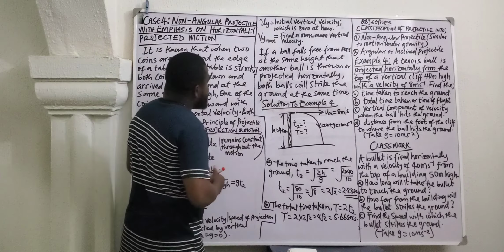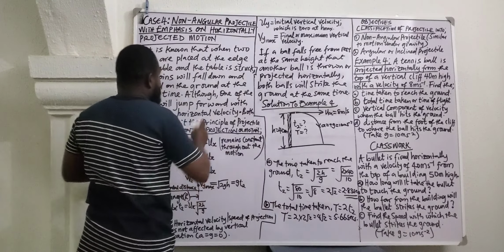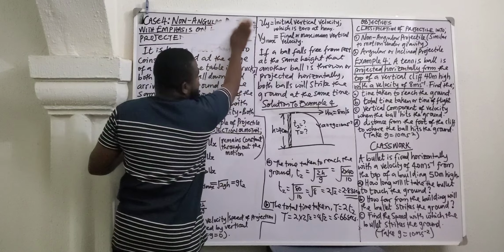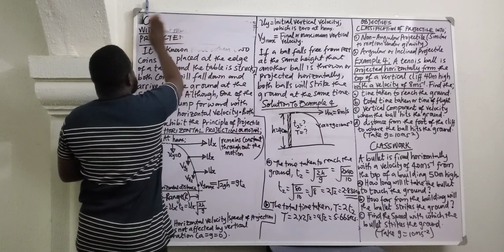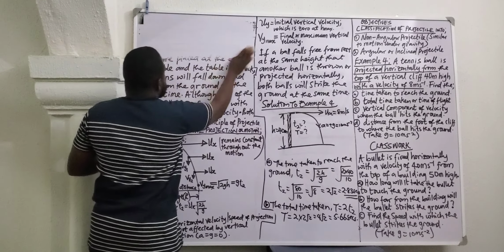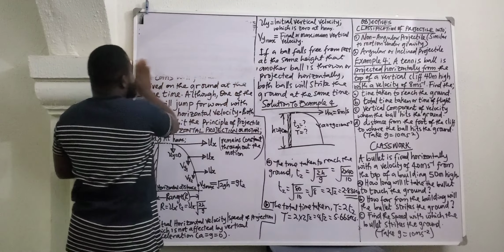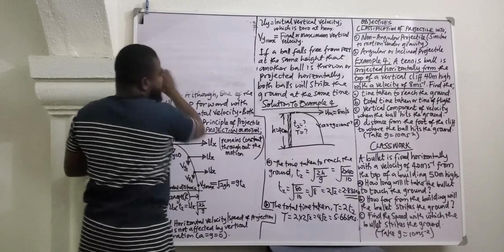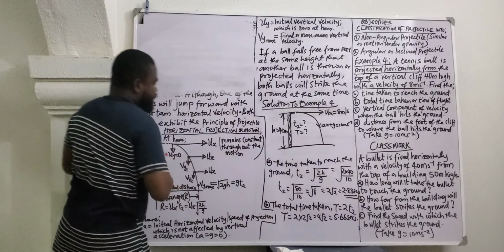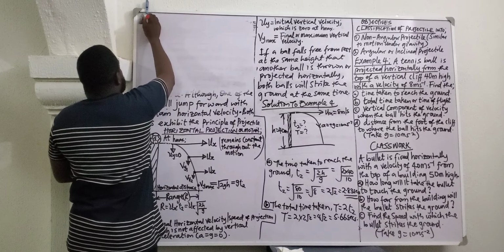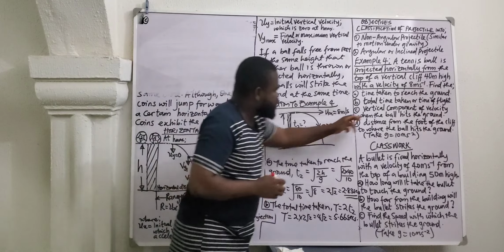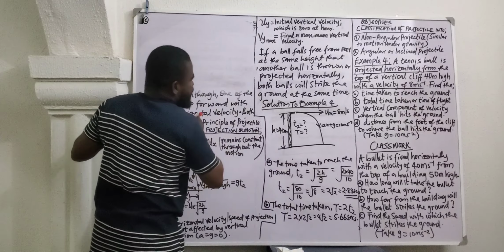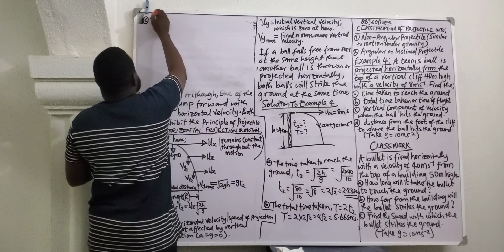So to get the vertical component of velocity, or sometimes they say the velocity with which the body strikes the ground, you know you are looking for the Vy max. So option C says the vertical component of the velocity when the ball hits the ground.